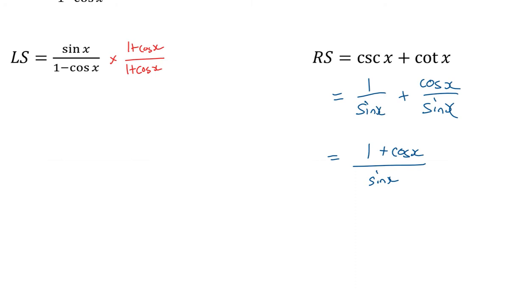It's something to try. And when I look at this one, I don't see anything else that's clear to try. So to me, why not give it a shot? And the reason why this is going to help is on the right side, I have 1 plus cos x in the numerator. And no matter what happens on the left side, now I'm going to have 1 plus cos x in the numerator. So hopefully that will be a step in the right direction.